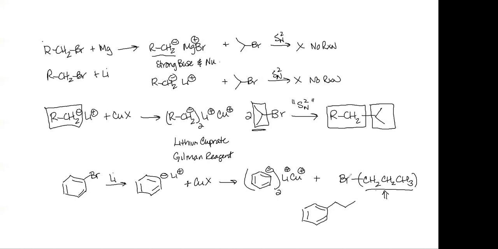But there's no restrictions. The main restriction on this is that the Gilman reagent is still a carbanion, so you have to avoid water, carbon dioxide, air, any acidic hydrogen like a carboxylic acid, an alcohol, an amine.